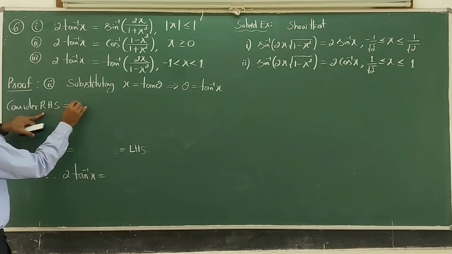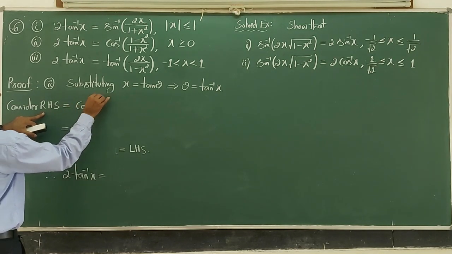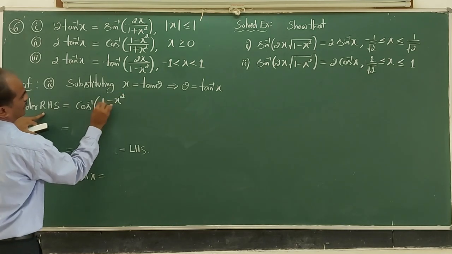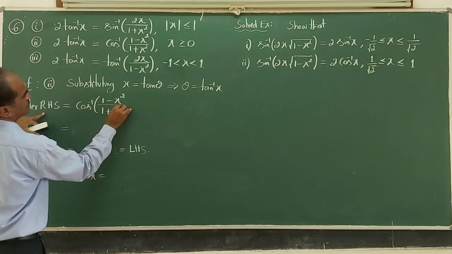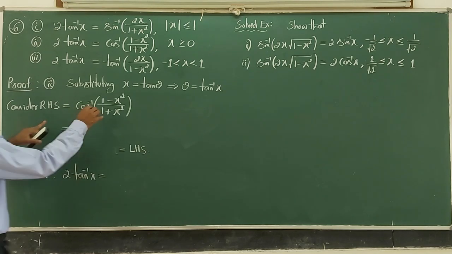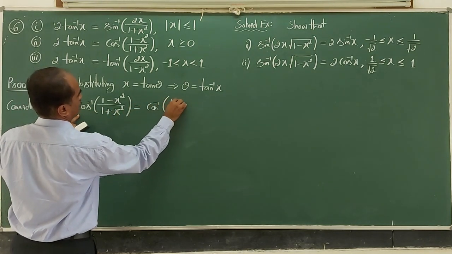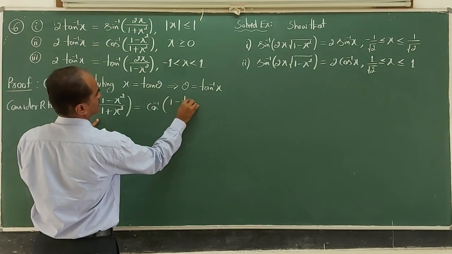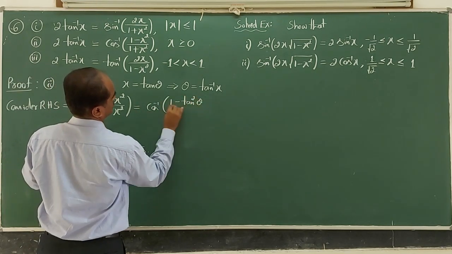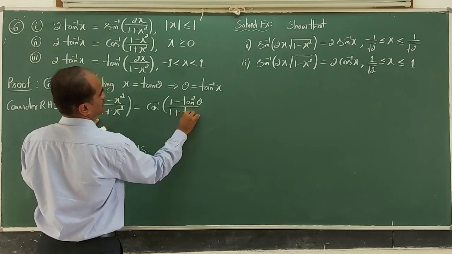Consider RHS. It is cos inverse of 1 minus x square by 1 plus x square. Substitute x equal to tan theta. It is cos inverse of 1 minus tan square theta by 1 plus tan square theta.